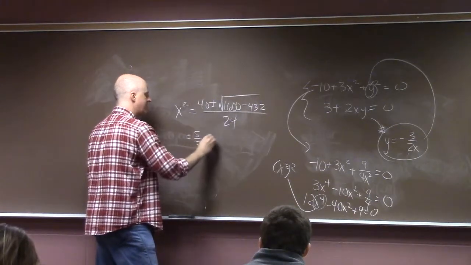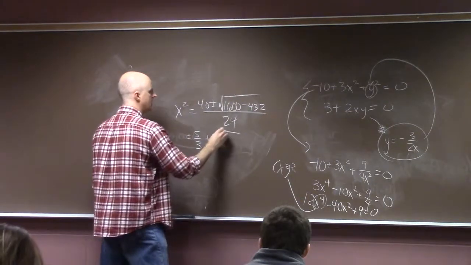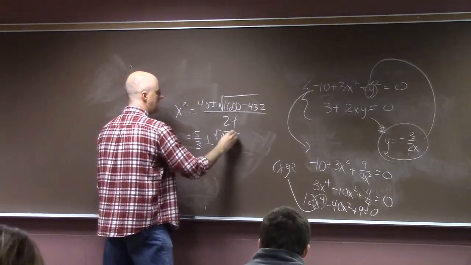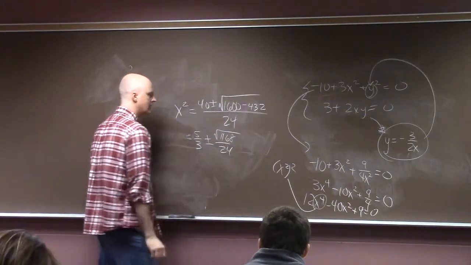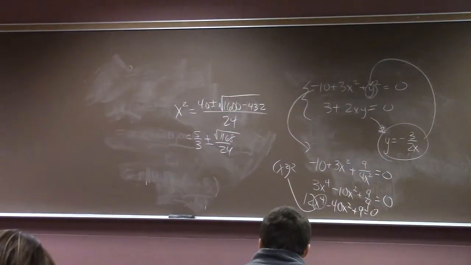This becomes 5/3 plus or minus the square root of 1168 over 24. Last class, I think 1168 was 16 times 73.